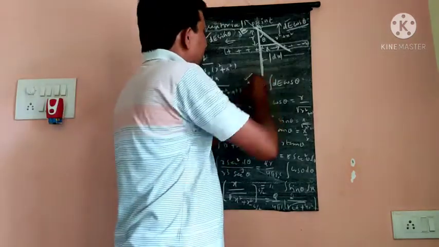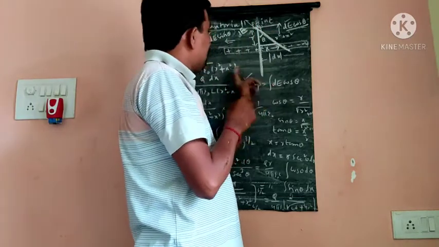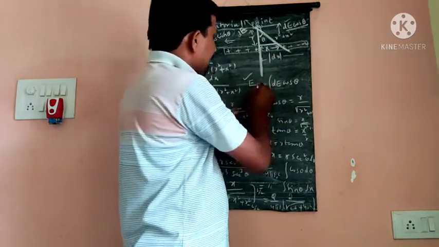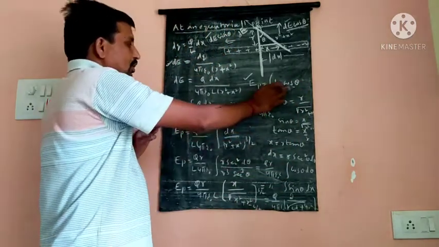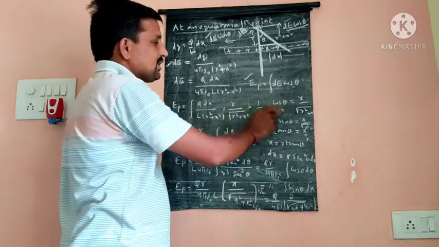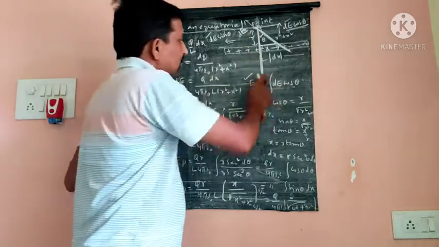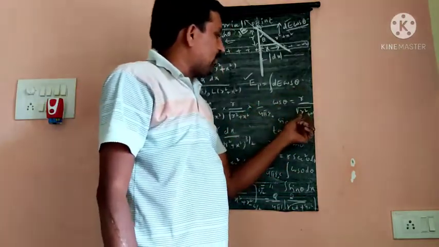So we can obtain the total field strength at point P due to the uniform rod: EP is equal to the integral of dE cos theta. This is the dE value. Using the figure, cos theta is adjacent side by hypotenuse.